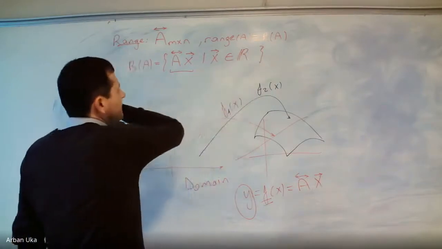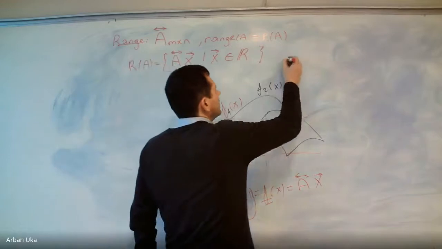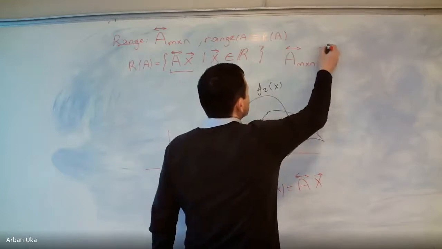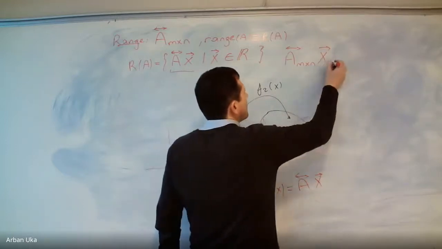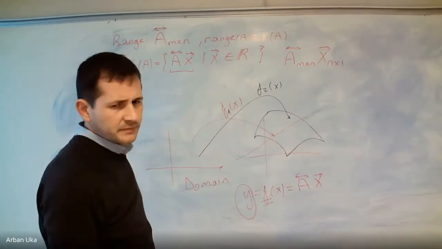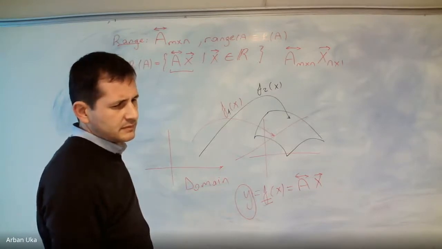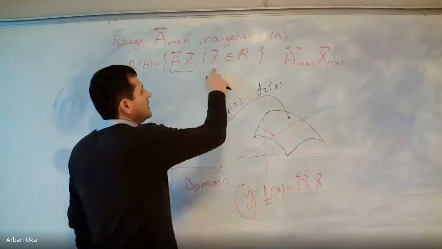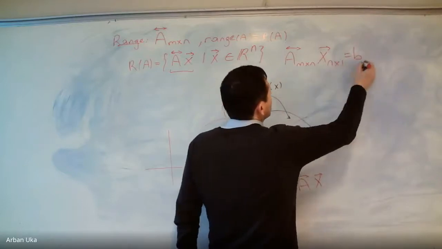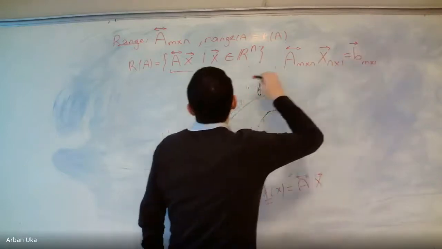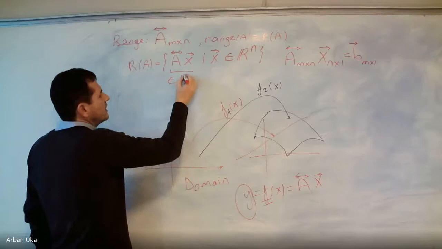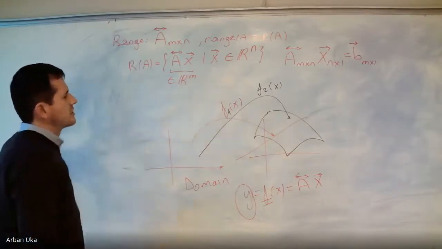Rm or Rn? So A is n by n. If A is n by n, what is the dimension of X? N by 1, right? Would you agree? Yes. So X is Rn. Good. And what is the answer B? This is n by 1, right? So then it looks like this is a subset of Rm. So this is how we can define it.